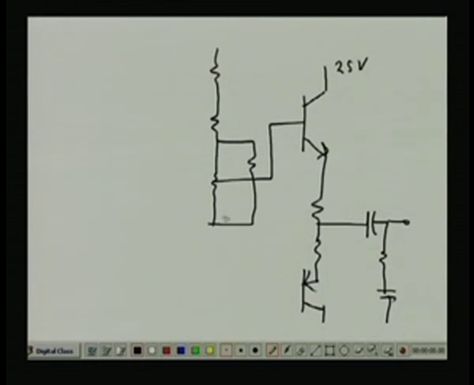Now I have subsequent circuits like this one. So there is a DC circuit, and this circuit is coming to the collector.